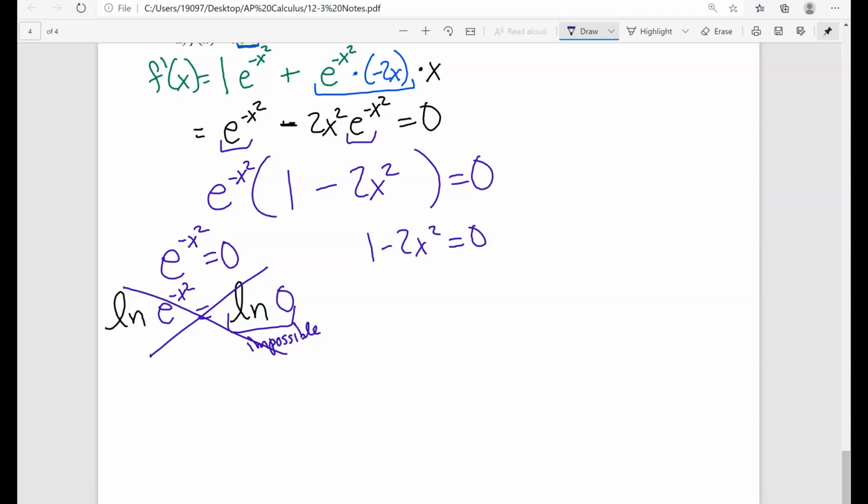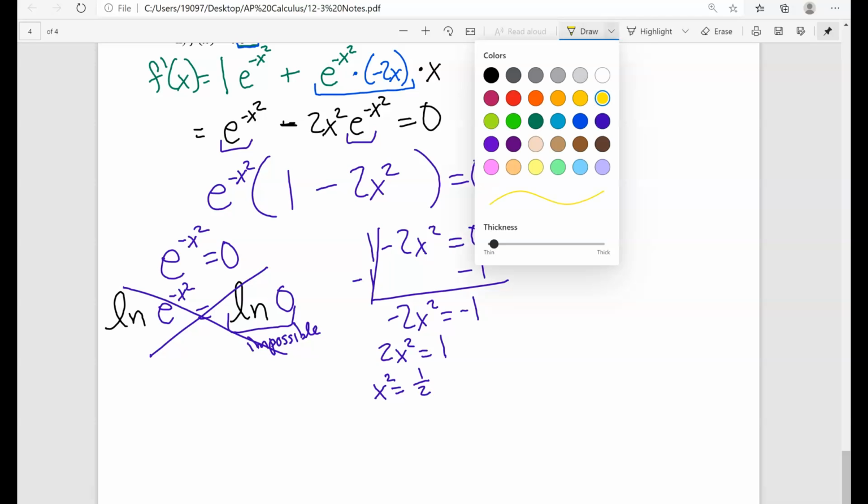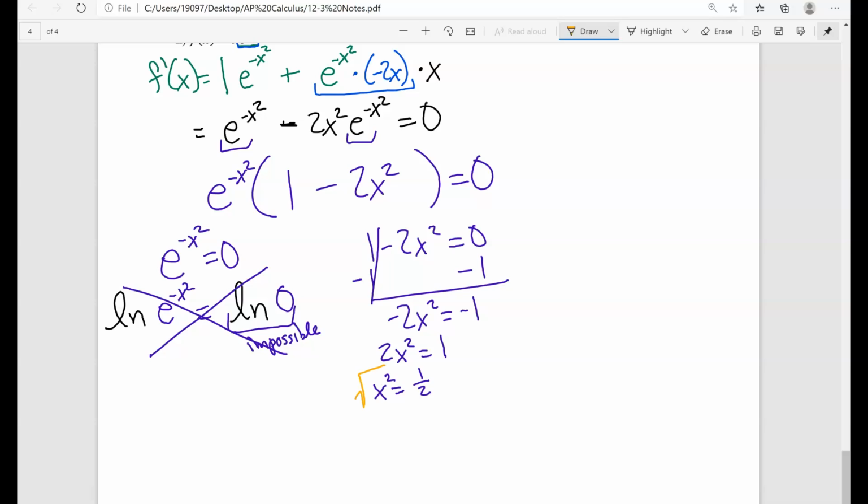And then we just have to solve this guy. Minus 1, minus 1. Negative 2x squared is going to give me negative 1. So dividing by the negative gives me a 1. So x squared is going to give me 1/2. So when I take the square root of both sides, I'm going to add plus or minus to both of them. I'm going to get x is equal to plus or minus 1 over root 2. So these are two critical points that I have there.